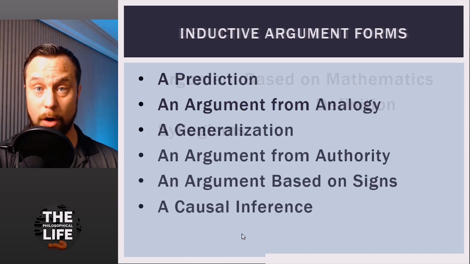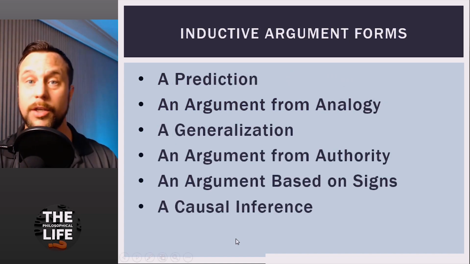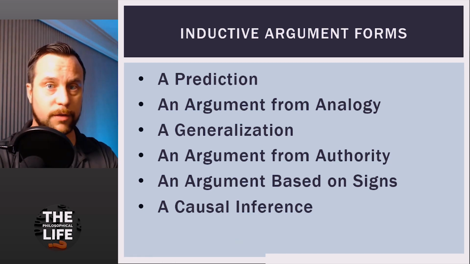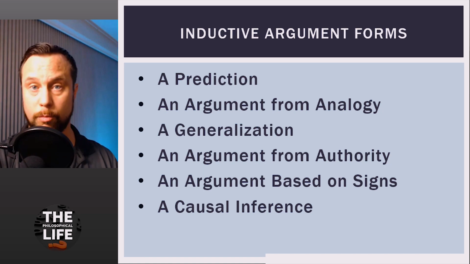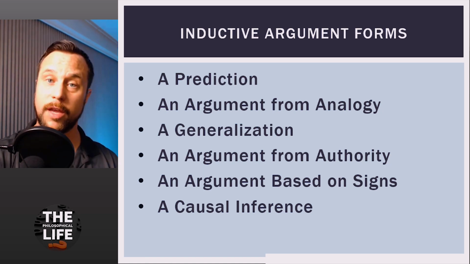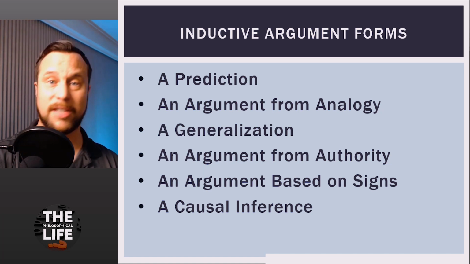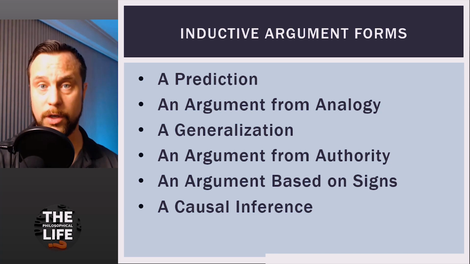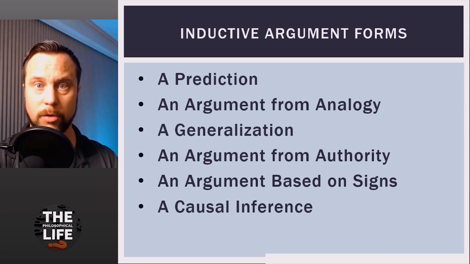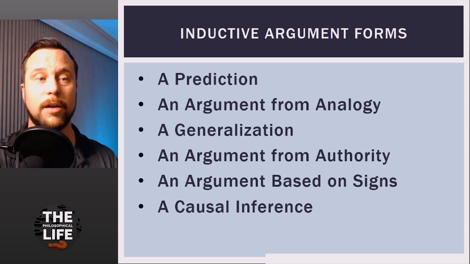Common inductive argument forms include a prediction, where you're saying that given all these factors, this further thing follows, and that follows probabilistically. An argument from analogy, where you're saying one thing has a certain set of features, another thing is similar to it, so it must have that additional feature. A generalization, where you take a small set of things, often just specific things, and you generalize on them.